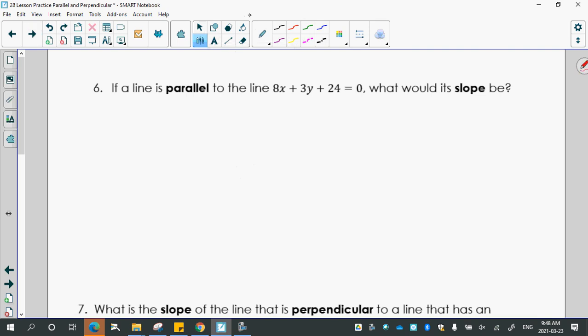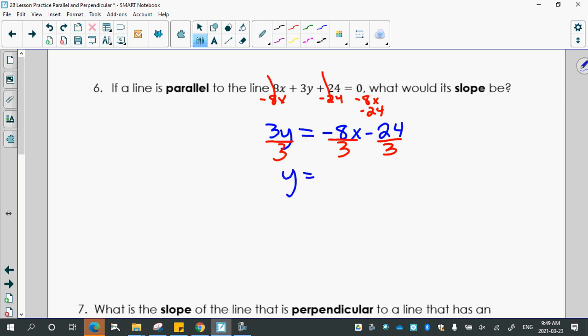I would probably, because the number in front of y is positive 3, subtract 8x on both sides of the equals, and subtract 24 on both sides of the equals. It would be 3y on the left side, and negative 8x minus 24 on the right side. Still, to get y by itself, divide every single term by 3. Make the slope jump out in front.